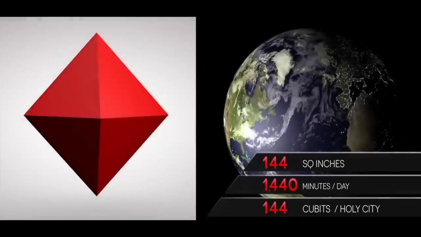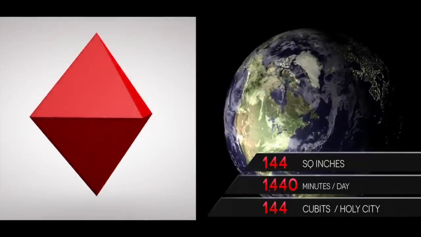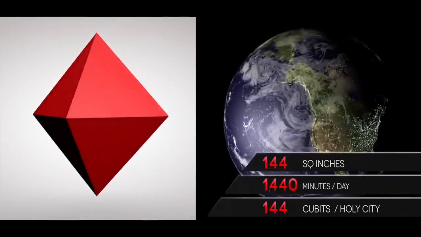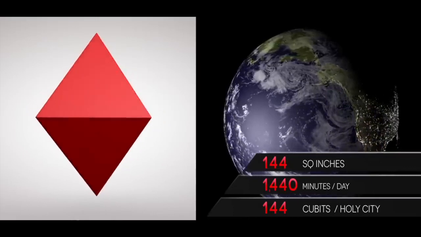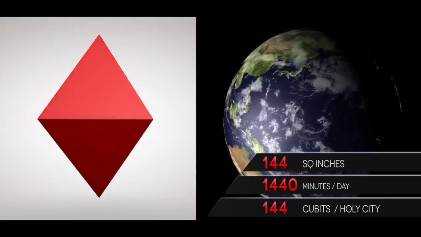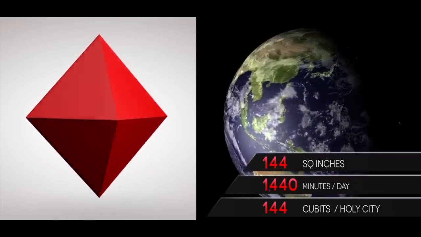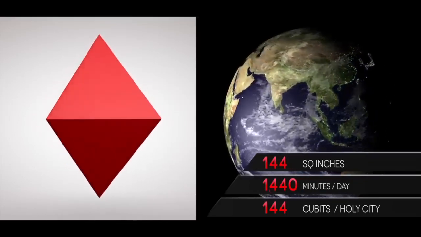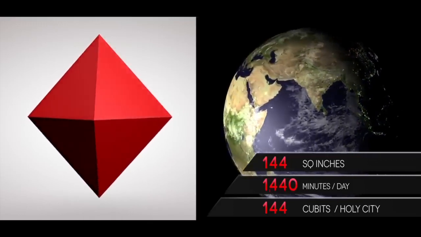The number of minutes in the time that it takes our Earth to spin exactly once on its axis relative to the sun happens to be the same number of degrees that define the octahedron. And that's actually what we're talking about when we're talking about a tropical or solar day. We're talking about exactly one rotation of the Earth on its axis relative to the sun.